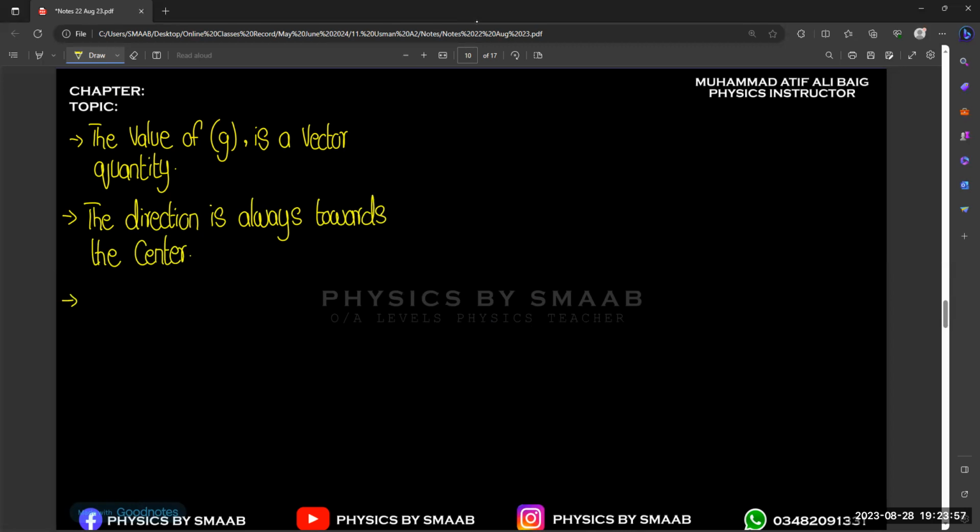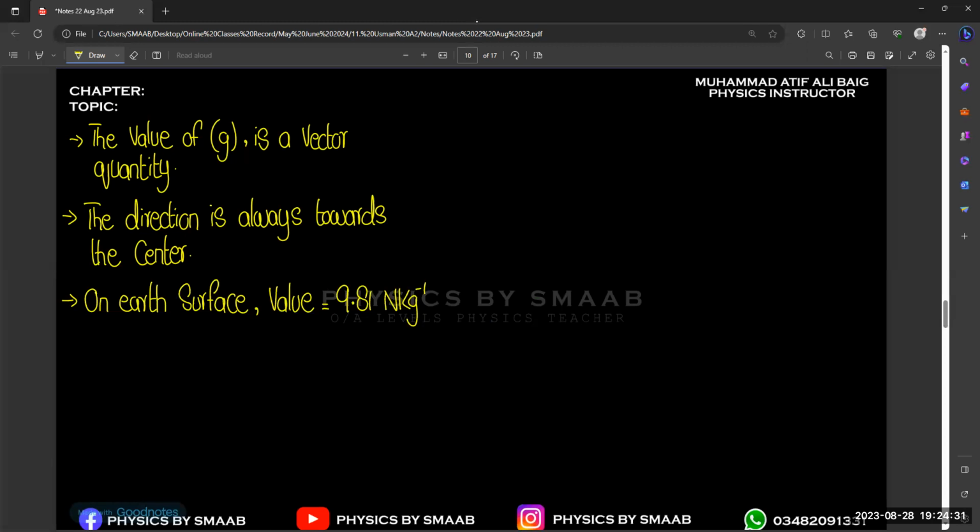And the third point is, just like the same thing we discussed, that on the Earth's surface we have a constant value. If we are talking only about the Earth's surface, your value will be equal to 9.81 Newton per kg, right?